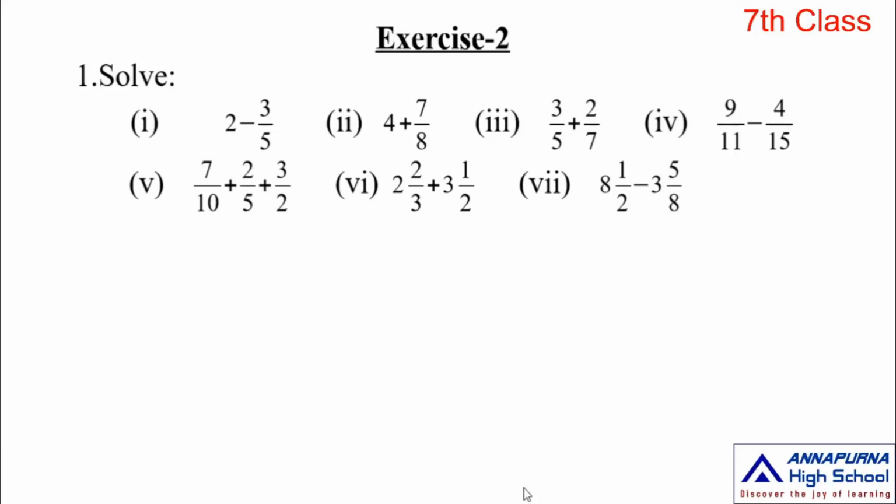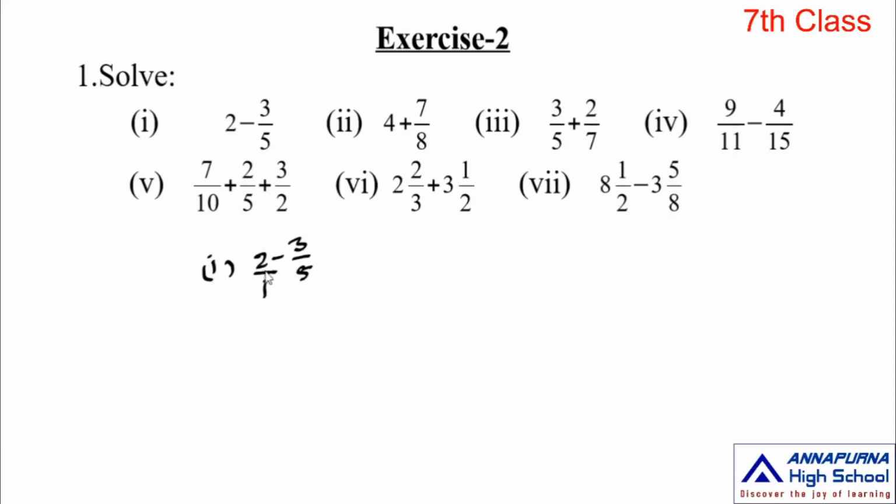First one is 2 minus 3 by 5. So this is the subtraction. 2 minus 3 by 5 means we know that every whole number has denominator as 1. We can write this 2 as 2 by 1.